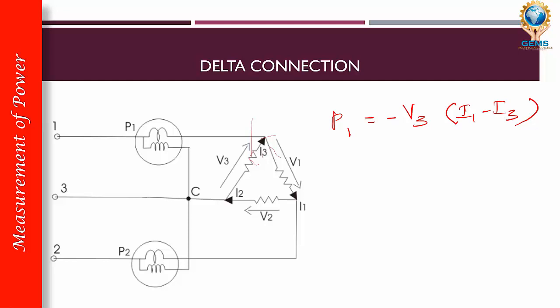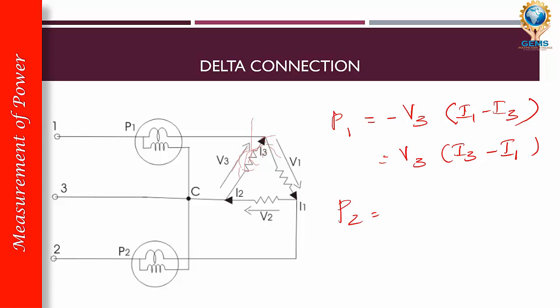So V3 is nothing but I3 minus I1. So the difference between the currents will be the current for this particular resistor. So P1 is nothing but V3 into I3 minus I1. So the current at this point and the current at this point, the difference between these two currents will give me the current across this V3.